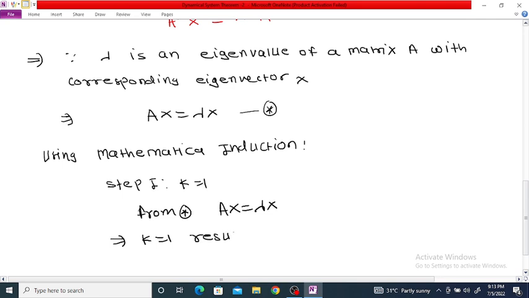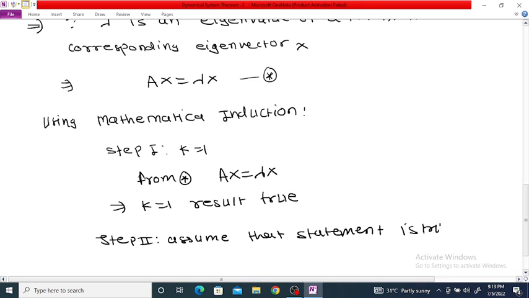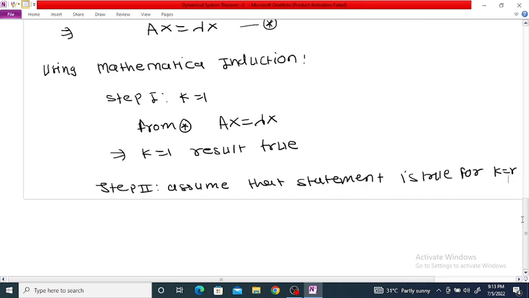Therefore for k equal to 1 the result is true. Now in step number 2 we assume that the statement is true for k equal to r, that is, A raised to r x is equal to lambda raised to r x.